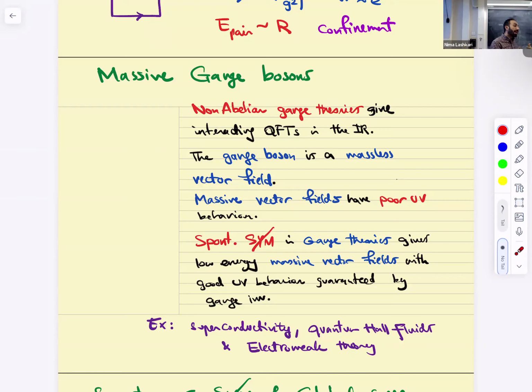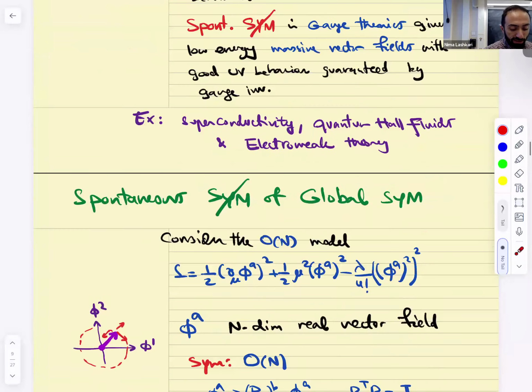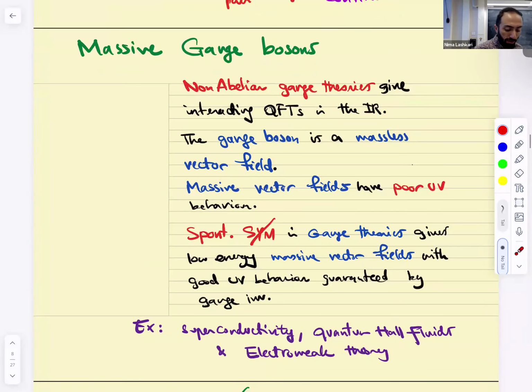And it turns out that if you study spontaneous symmetry breaking in gauge theories, you naturally get low energy massive vector fields. These are phenomena that happen all over the place. Superconductivity is an example of this, quantum Hall fluids, or electroweak theory. These all involve spontaneous symmetry breaking in gauge theories.